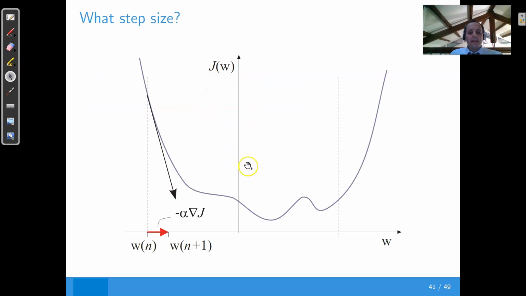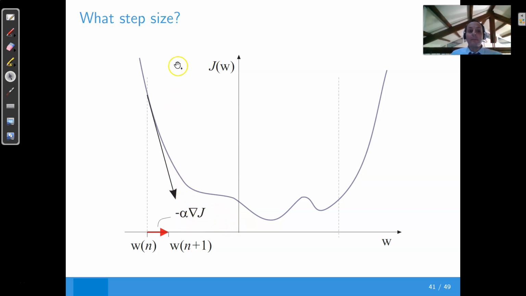In this case, as you can see here, depending on the gradient, the update step, which is represented by this red arrow, the update strength, depends of course on alpha, this parameter, and also on the gradient.